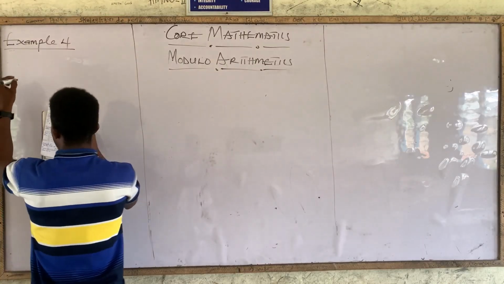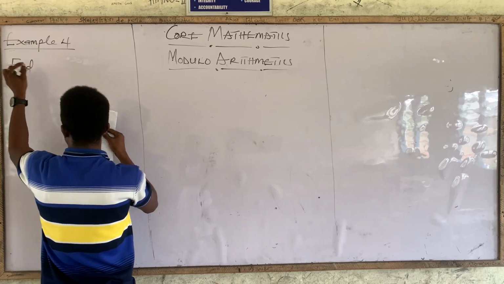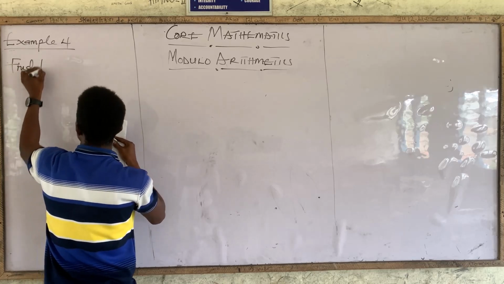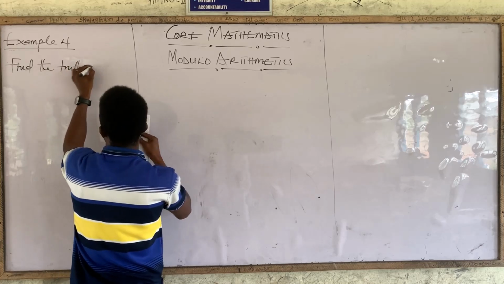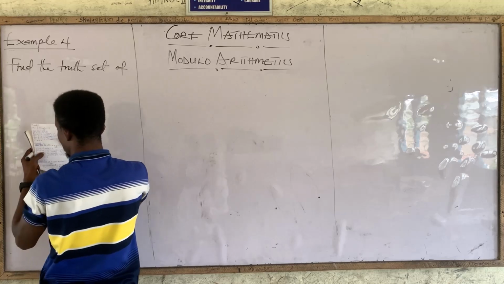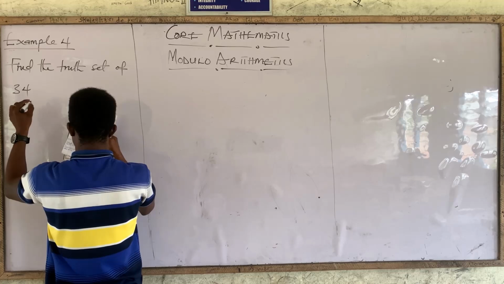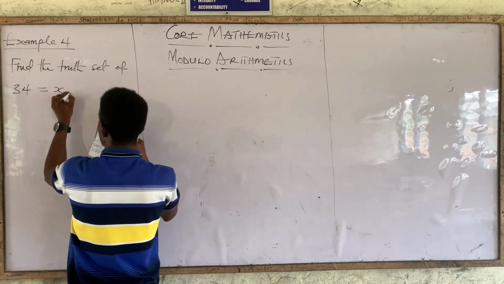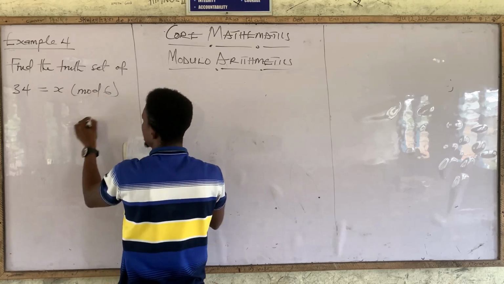So you have to find the remainder of 34, which is equal to x in mod 6.